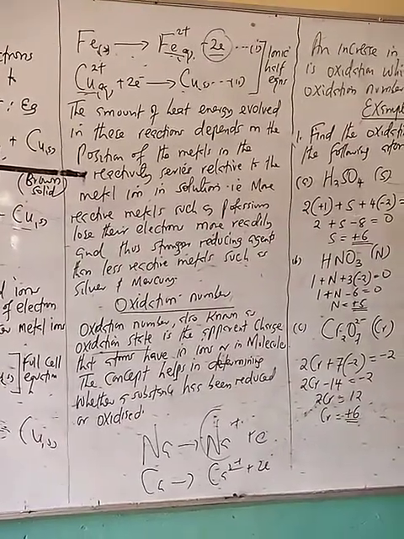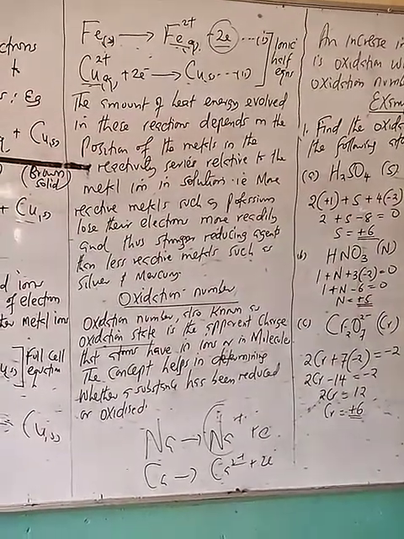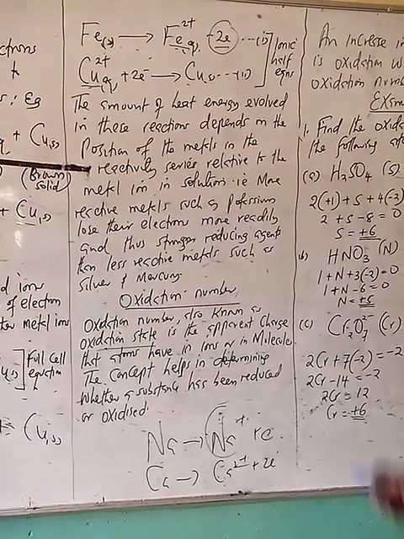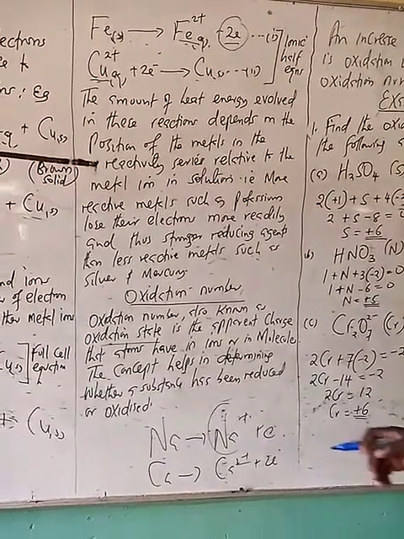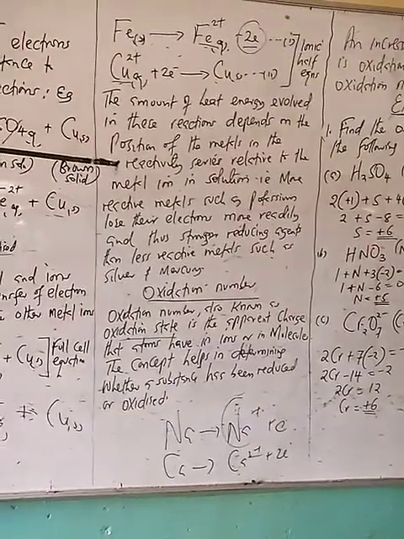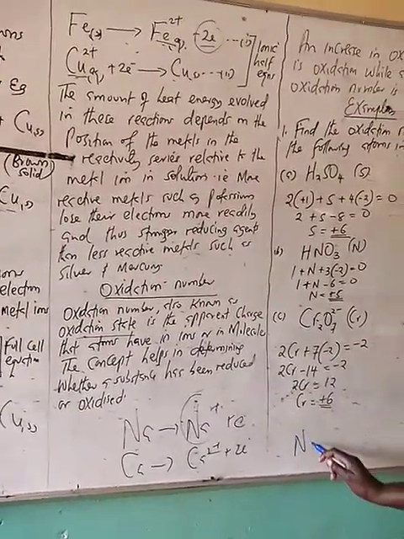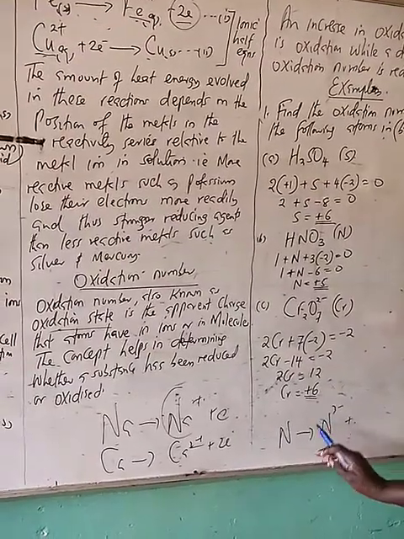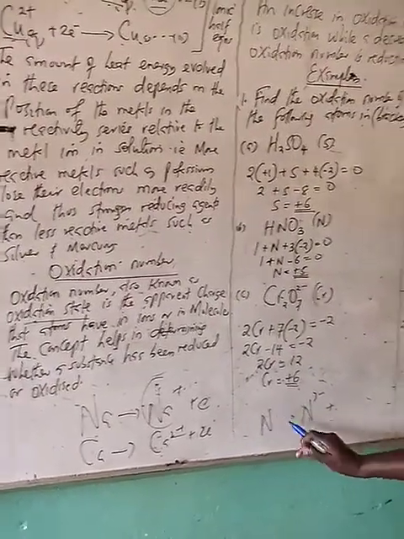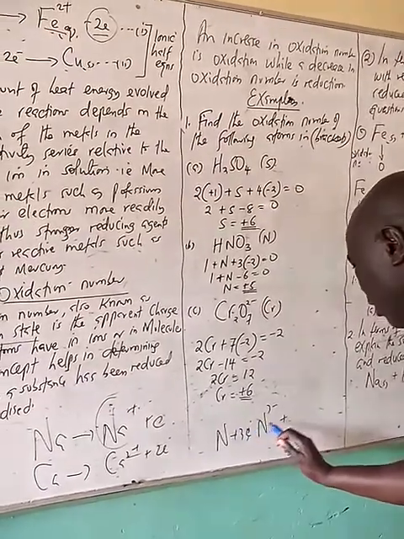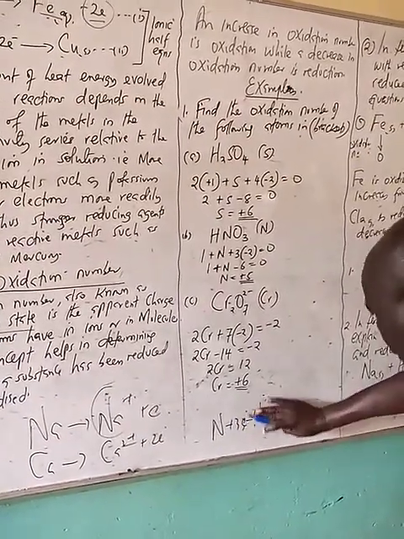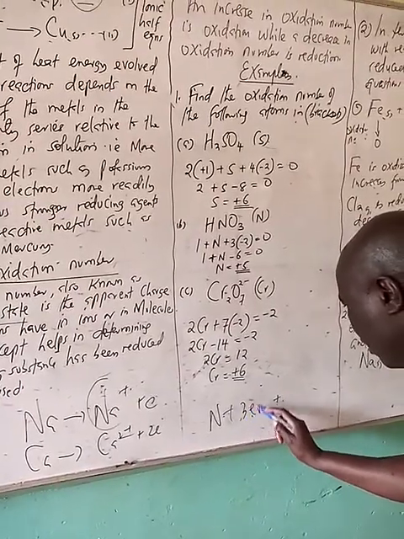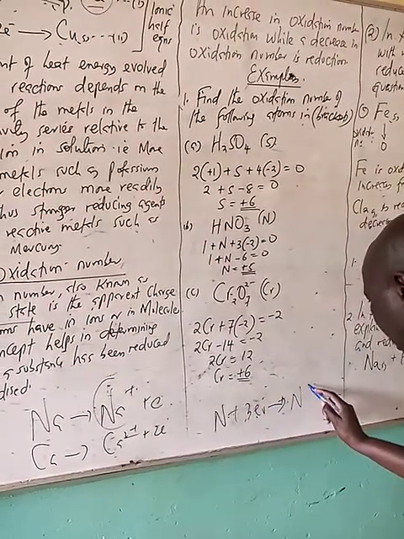Group 4 can be +4 or -4 because they can react by losing 4 electrons or gaining 4 electrons. Group 5, like nitrogen, reacts by gaining 3 electrons to form nitride ion.